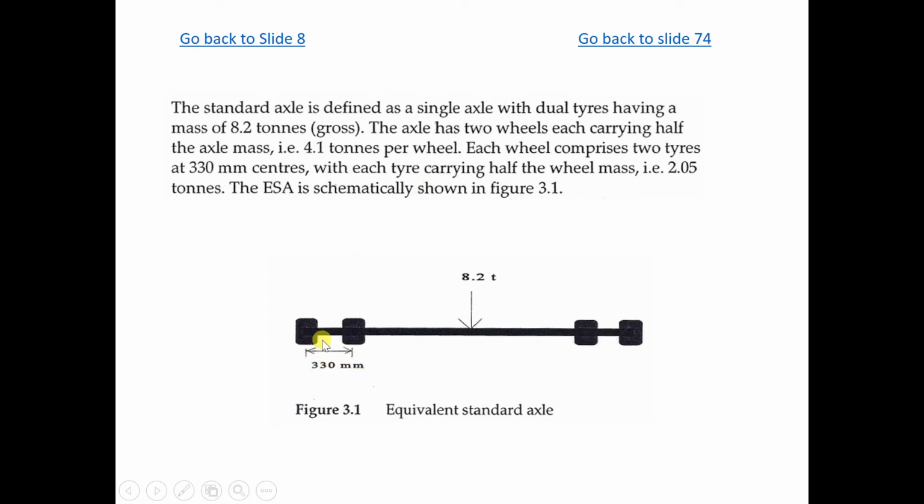Per wheel is 4.1 tons. This is 2 tires, but it's considered as one wheel.